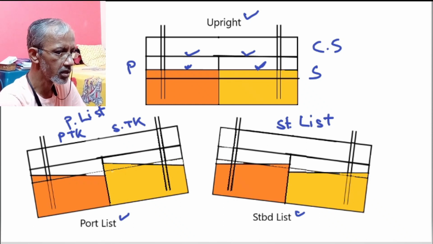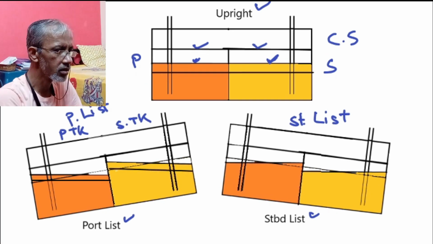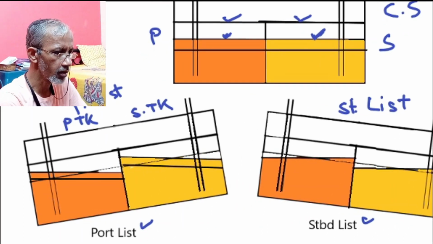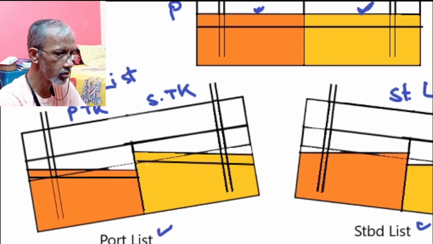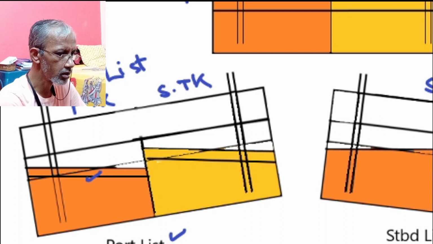The amount of liquid shifted towards the port side or towards the starboard side would now be lesser. It would be somewhere here. The new positions of the levels would be the new surfaces, this one and this one.